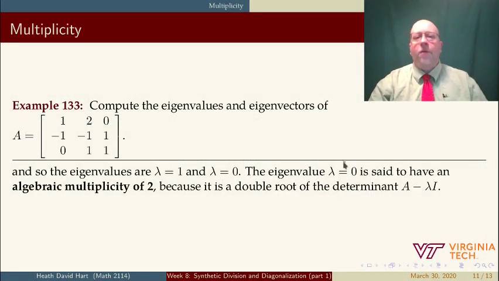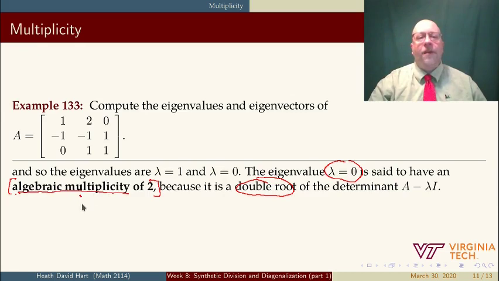The eigenvalue lambda equals 0 is a double root for this determinant. This is just fancy terminology, but it's terminology we have to understand. We say that it has an algebraic multiplicity of 2.